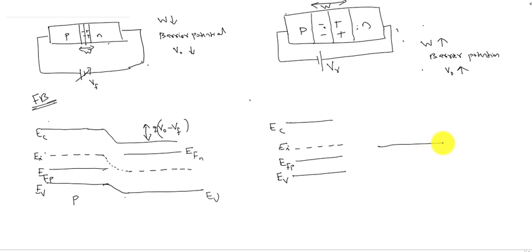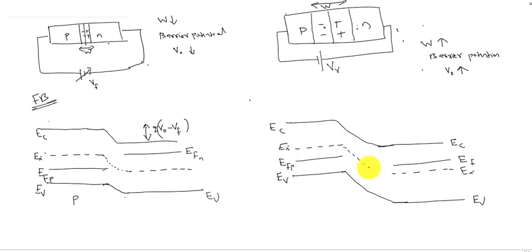So this is the value of EC, and this is the value of EV and EI, and this is the location of the Fermi level. So this is EC, and this is EV, and this is EI.